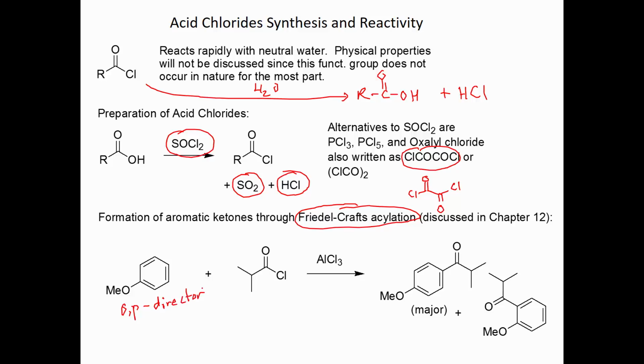Okay, so this produces predominantly the para and ortho compounds, but mostly the para, because it's a sterically better site than ortho, but almost no meta comes out of this reaction.